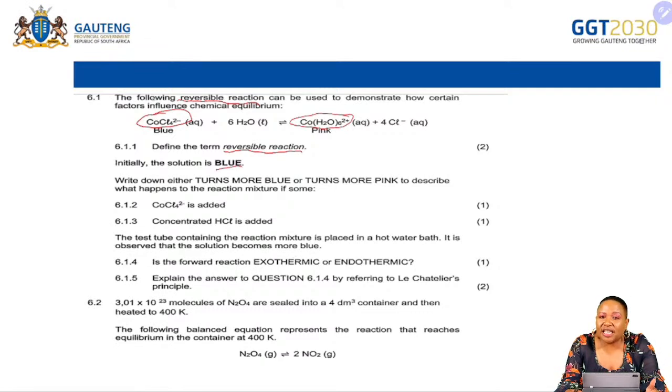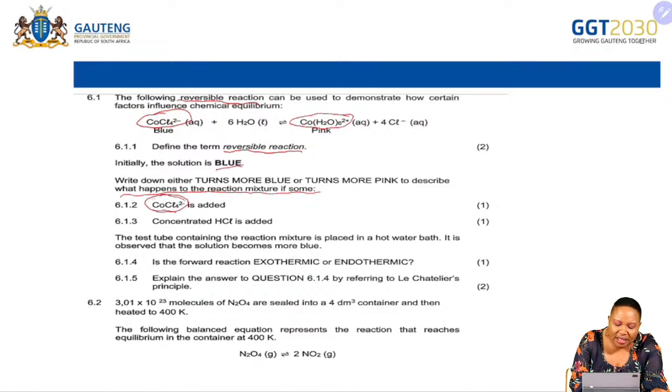They're saying write down either turns more blue or turns more pink to describe what happens to the reaction mixture if some cobalt tetrachloride ions are added. So if you are adding more of this cobalt tetrachloride, which side is going to be favored? You already know that this was blue, therefore if we're adding this side, we are favoring the forward side.